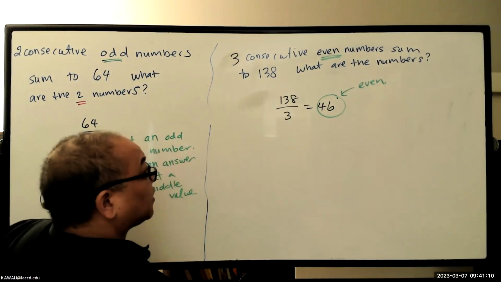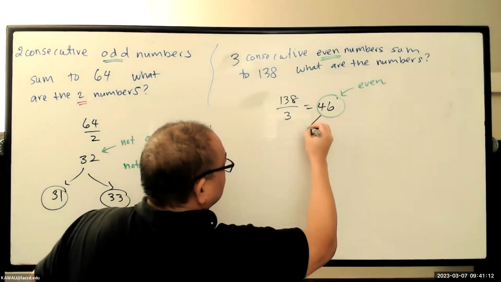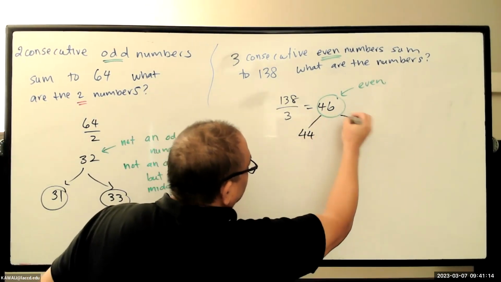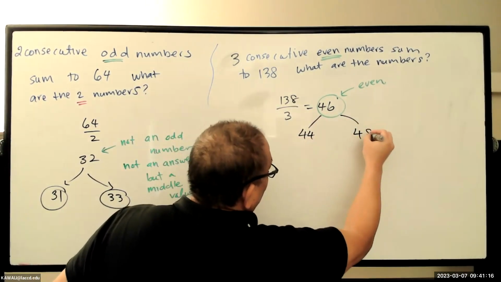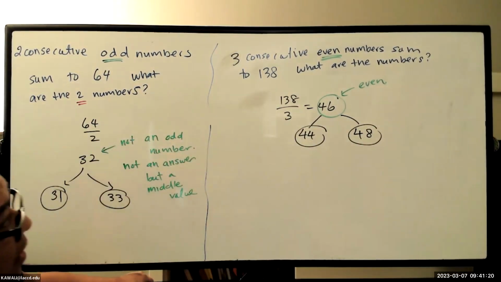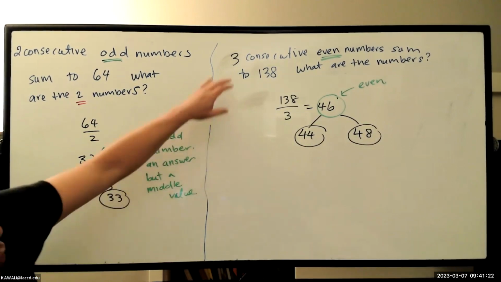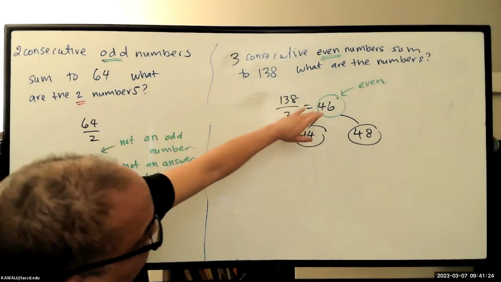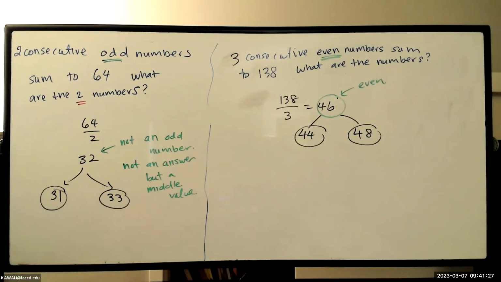So we want the number that's bigger and smaller also. So remember, it's bigger and smaller that are even. So these also need to be even. Okay. So whenever you have three consecutive numbers, that middle number will be part of your problem. And when you have two, that middle number will not.